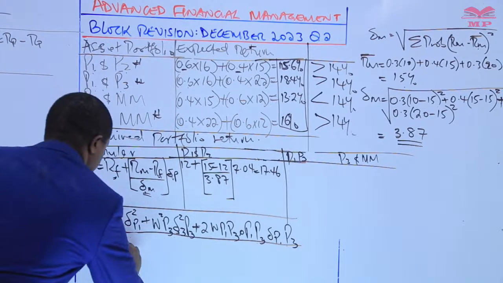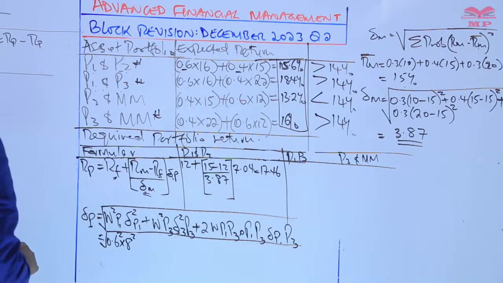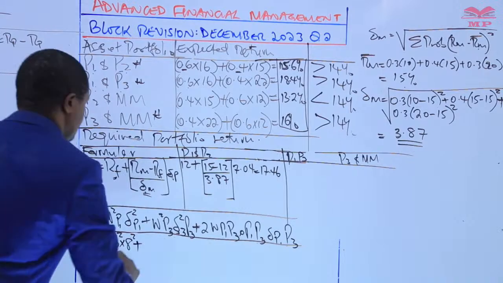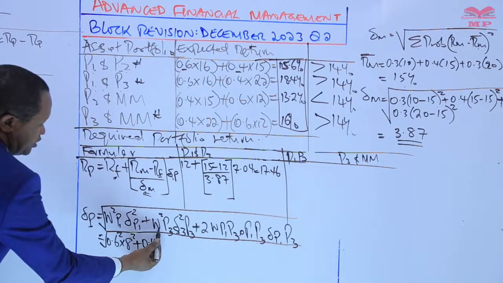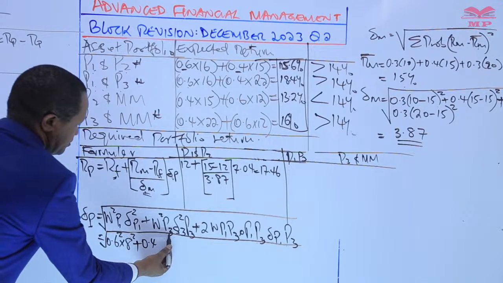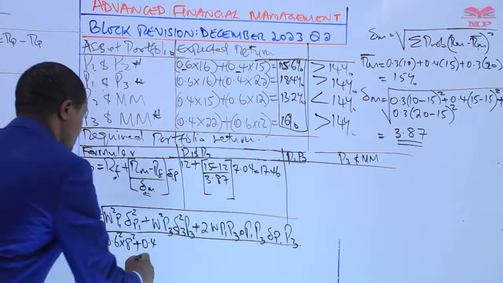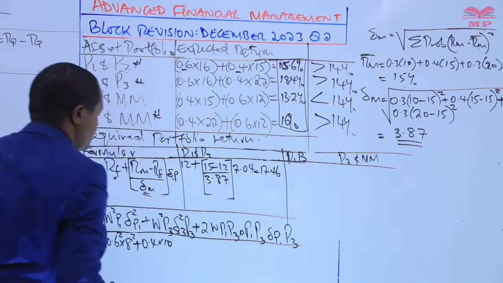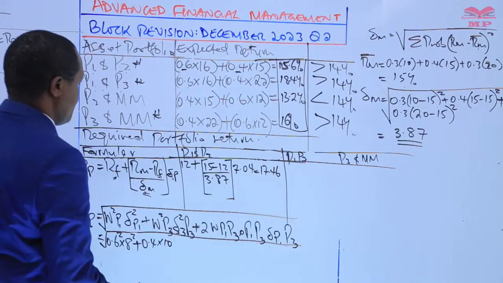We square it, 8 squared. Then 0.4 for the weight of P3, squared. The standard deviation of P3 is 10, so 10 squared.